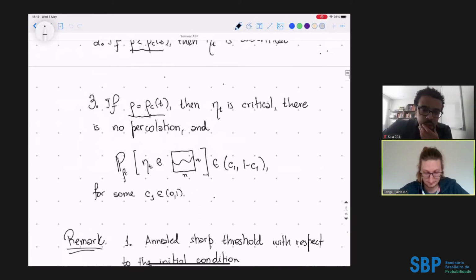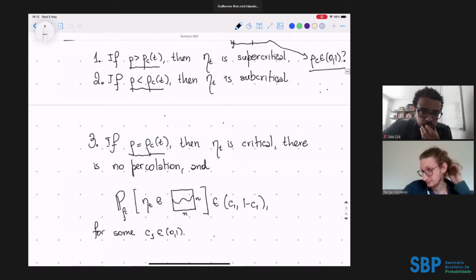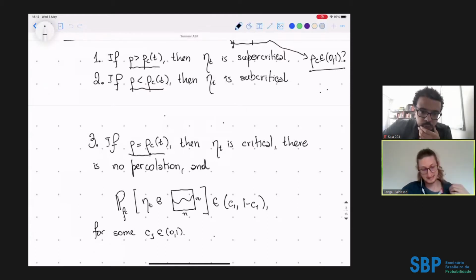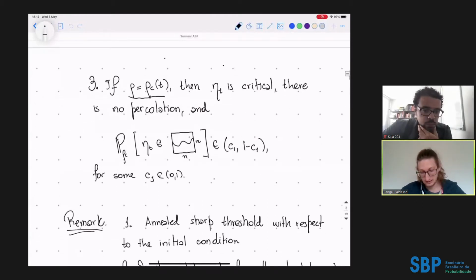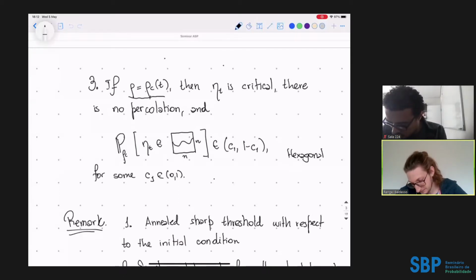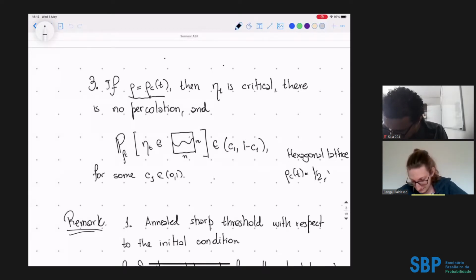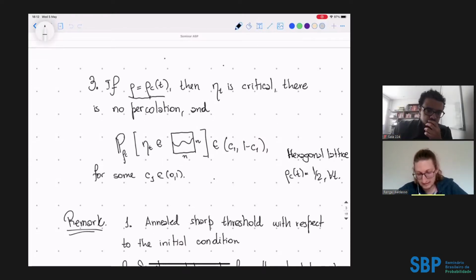Do you know how the critical parameter depends on time? Yeah, so that's something you cannot answer yet. We know that for the hexagonal lattice, the critical parameter is always equal to 1/2, for any time. And why does this happen? Well, this happens because of symmetry. You know that this is true at time 0.